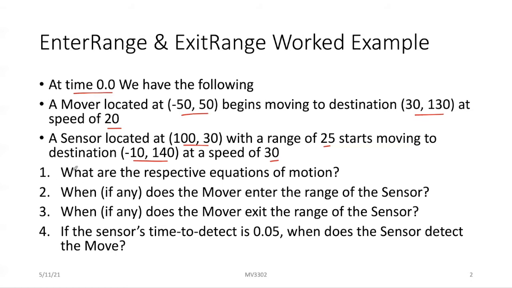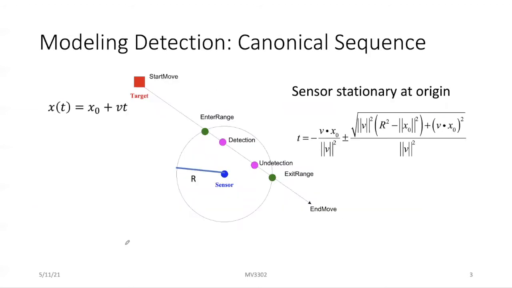So the questions that we have are, what are the two equations of motion for the mover and the sensor? When, if any, does the mover enter the range or exit the range? And then finally, if the sensor's time to detect is, say, 0.05, then when does the sensor actually detect the mover? Okay, so remember, this is our canonical sequence.